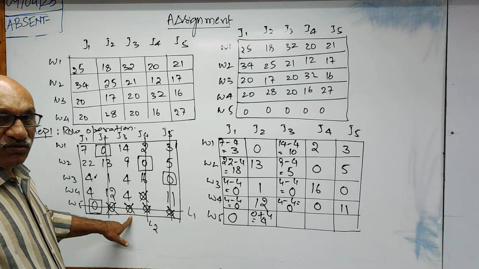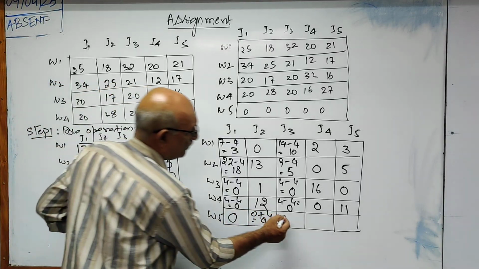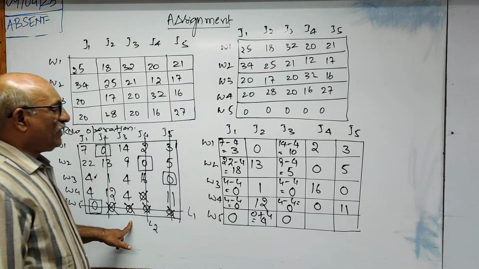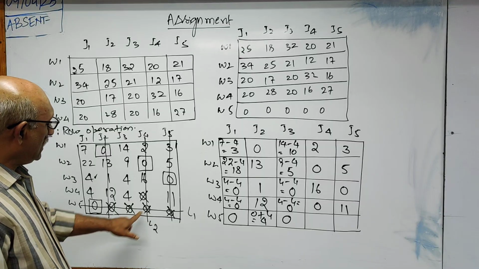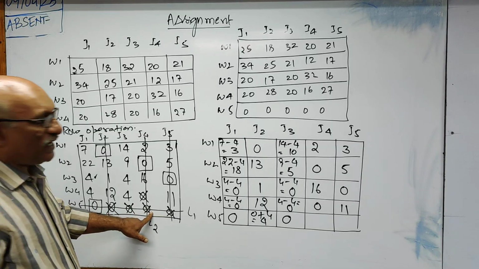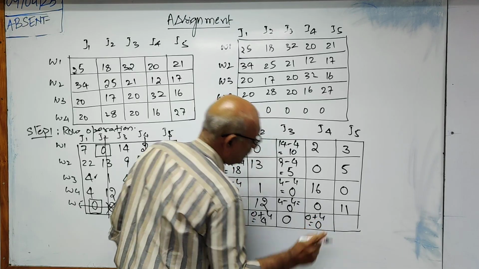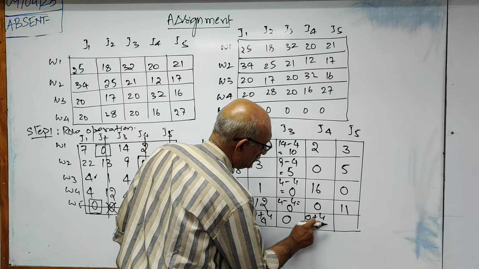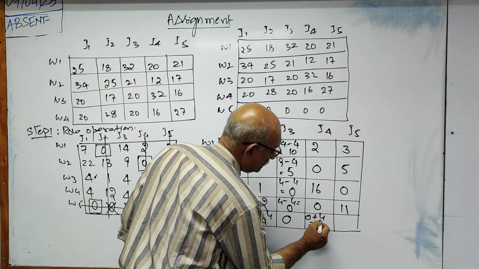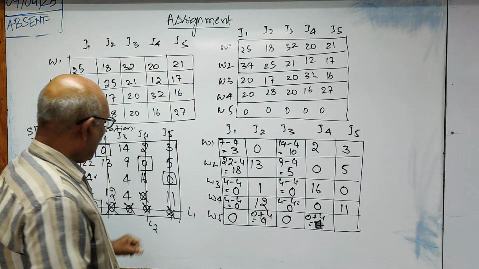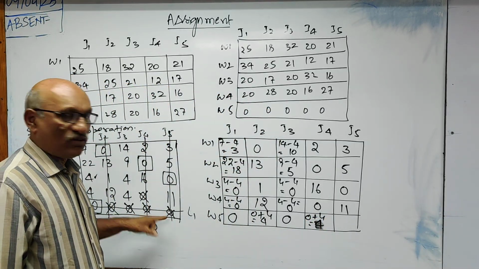Go to the next zero. A line is passing. It will remain the same. Next zero is at the intersection. The least value is added. Next zero is at the intersection.